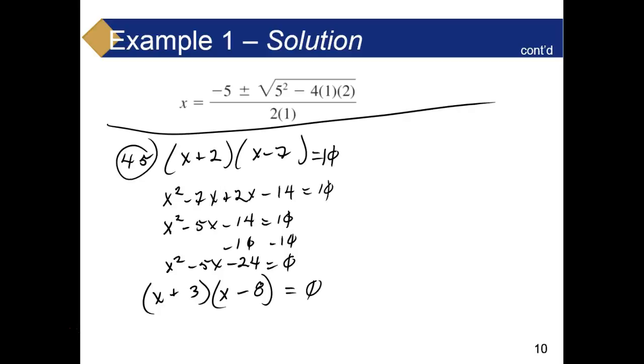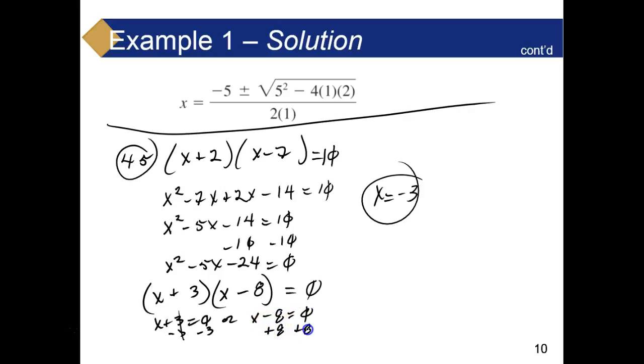X plus 3 equals 0, or x minus 8 equals 0. The first one does what? Subtract 3 from both sides. That gives you x equals negative 3. The other one is add 8 to both sides, and that gives you x equals 8.